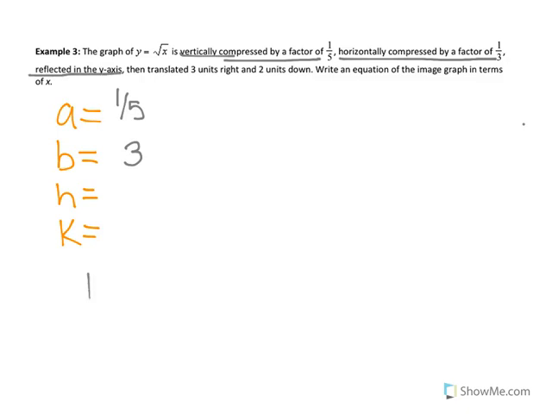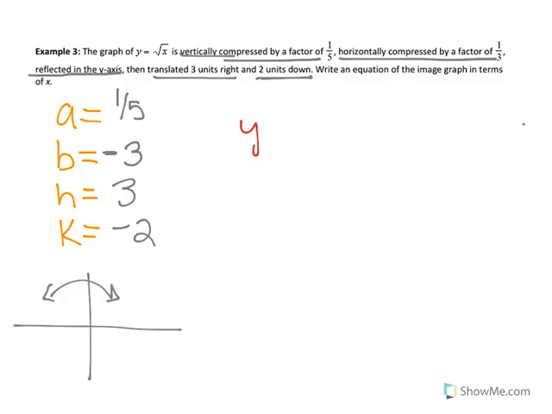If it is reflected on the y-axis, that means our x values are changing, which means our B value needs to be negative because B affects our x values. It is translated 3 to the right, which makes our H positive 3, and 2 units down makes our K -2. So we're going to start with y equals the square root of x.